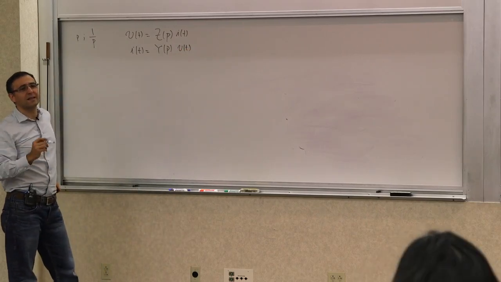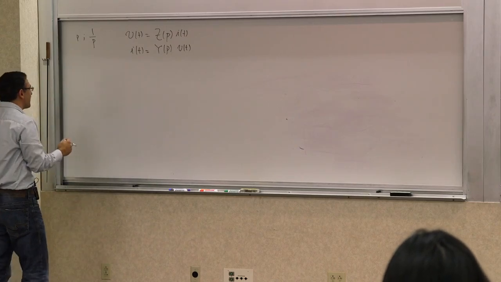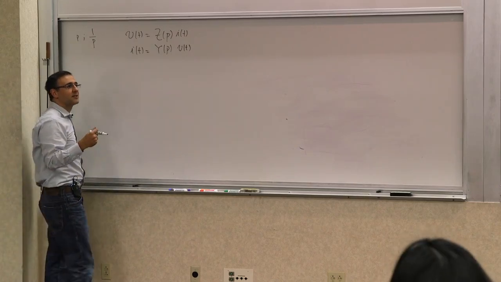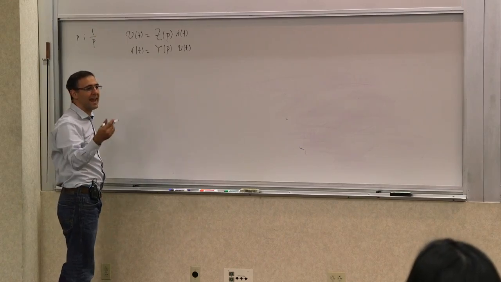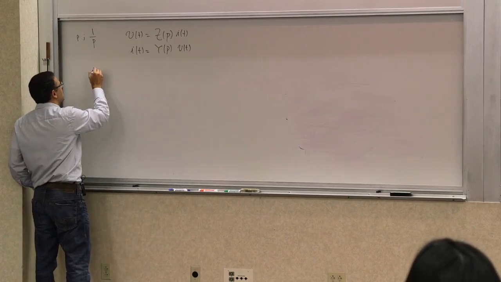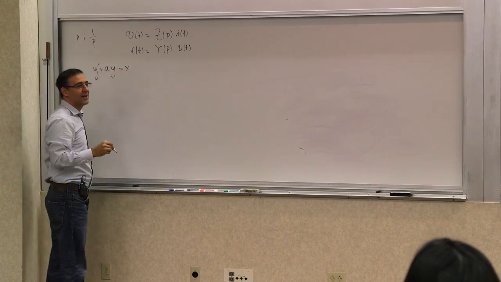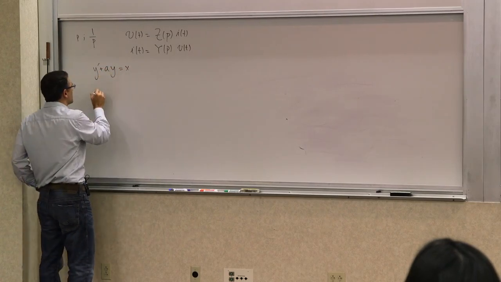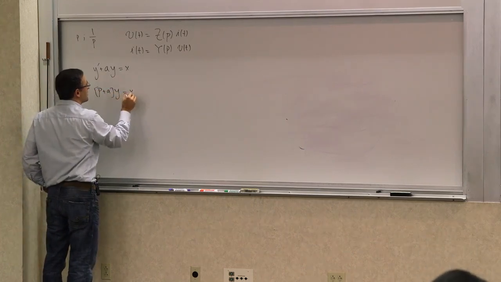Now, one of the things that enabled us to use these operators extensively was when we found what the inverse operator associated with 1 over P plus A is. And that corresponded to the case when we had a first order differential equation of this form. You could write it as P plus A operating on y of t producing x of t.